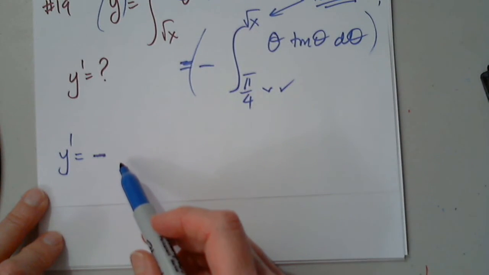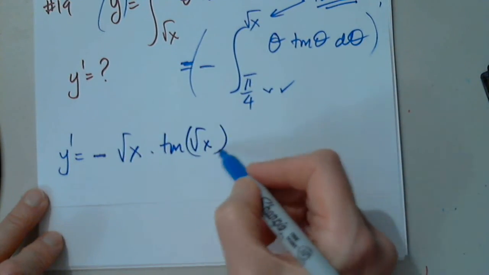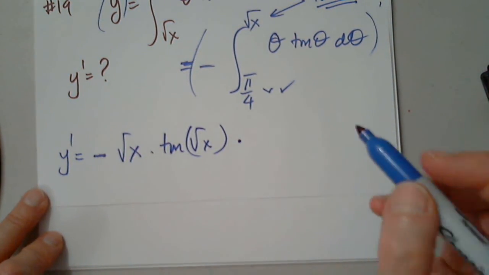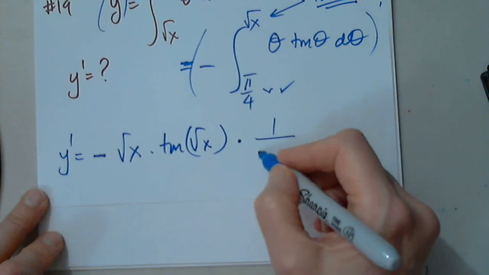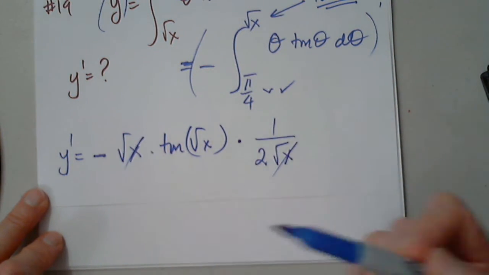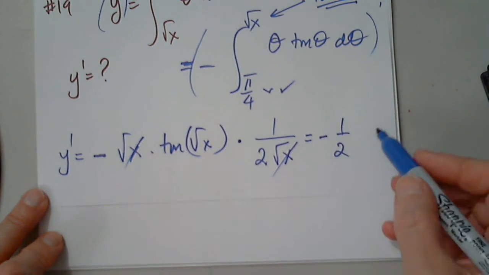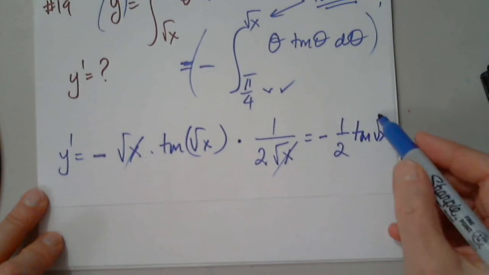Is it square root x? Yes, tangent, awesome. Square root x? Yes, awesome. Times the inner square root function, x. Yes, 1 over 2 the square root of x. That's it. And of course, I'm going to simplify these two. And the final simplified form is -1/2 tangent the square root of x.